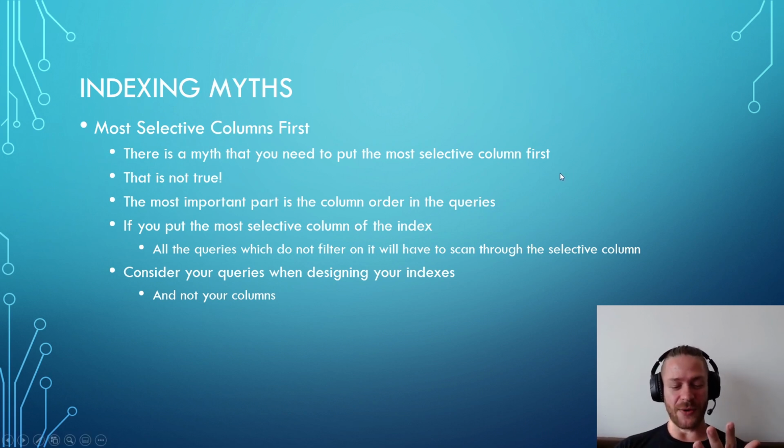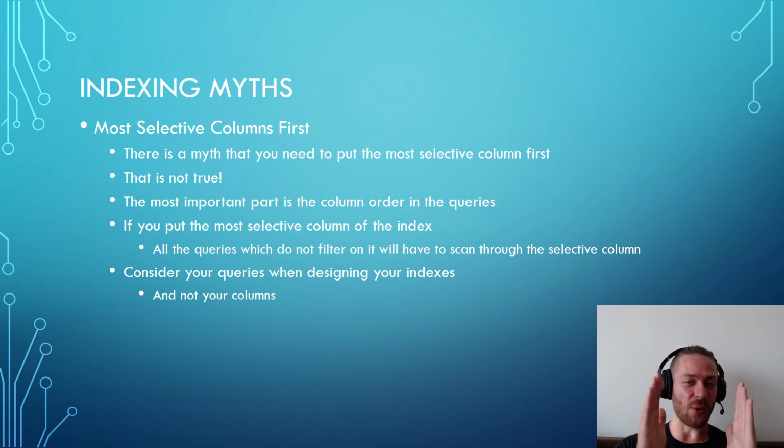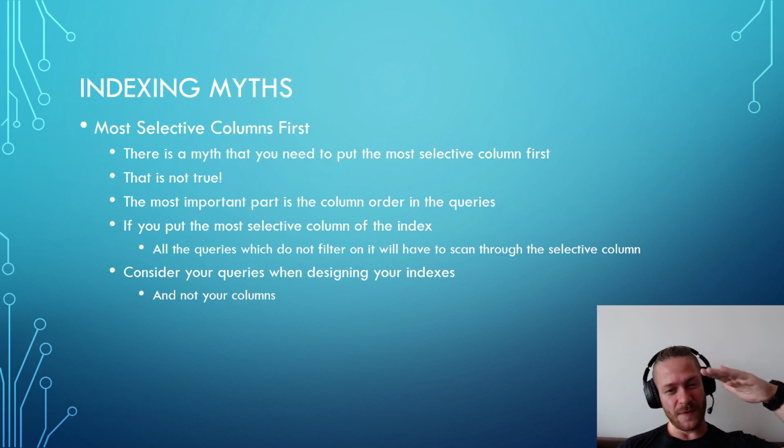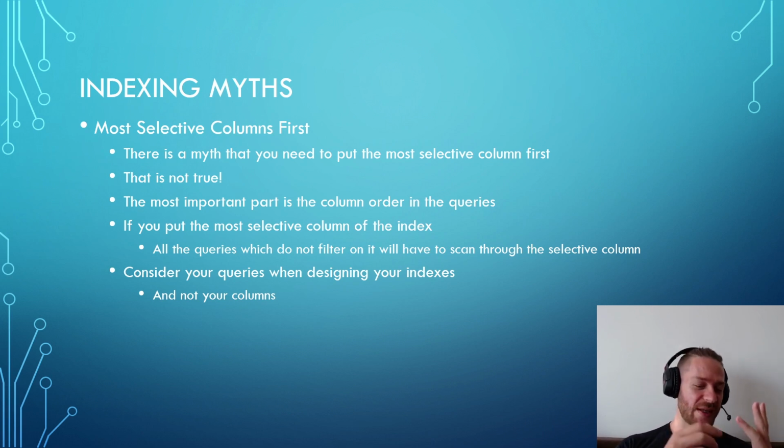We already talked about how indexes are built and how they store the columns. So if you think about finding and searching through the index, you see that putting the first column of the index as the first filter predicate will be faster than putting the most selective column.